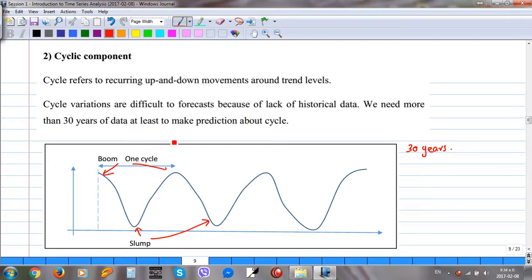We need at least 30 years of data to make a prediction about a cycle. If you take a small time span to see the cyclic pattern, it is not a good prediction.